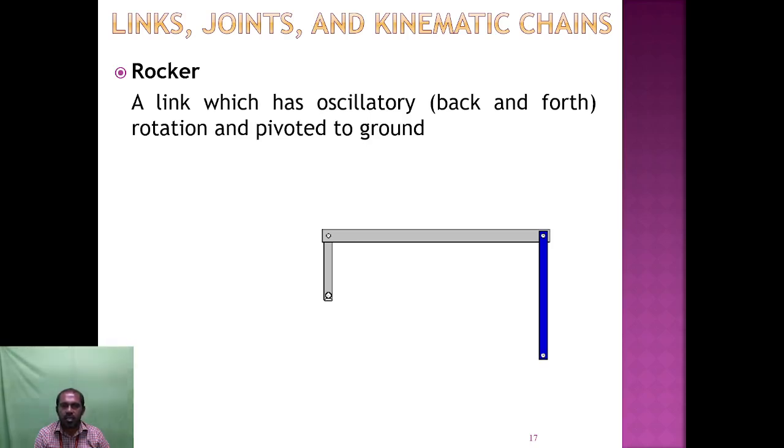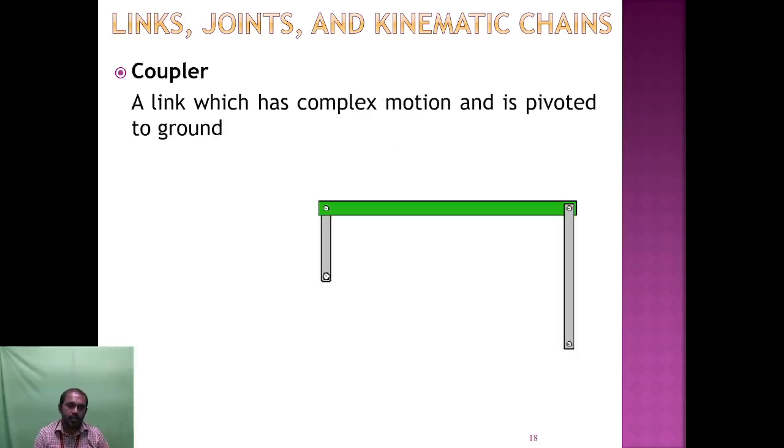It is called a rocker. So here one crank and one oscillating link, called the rocker. And coupler: the link that has complex motion. The coupler means complex, with no simple linear motion. It is very complicated motion.